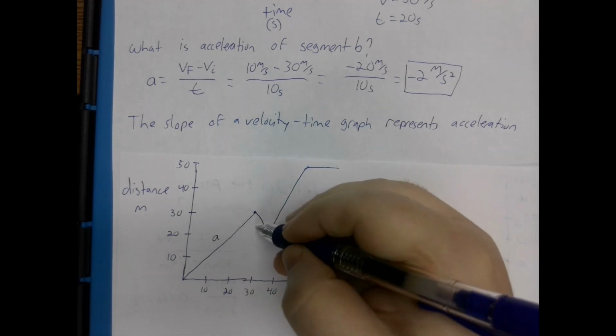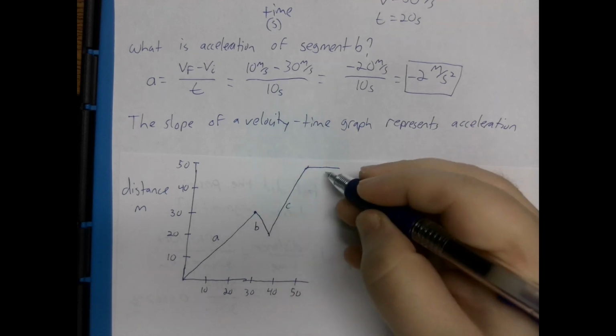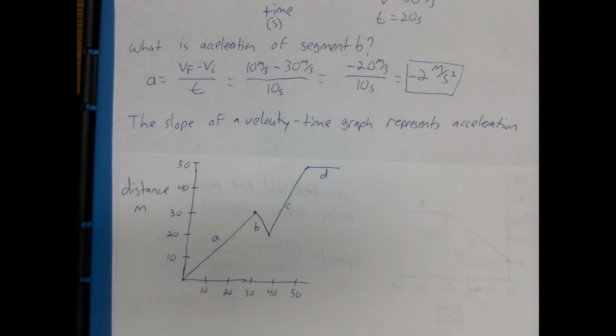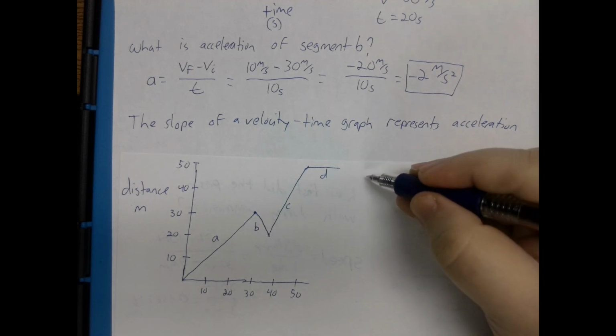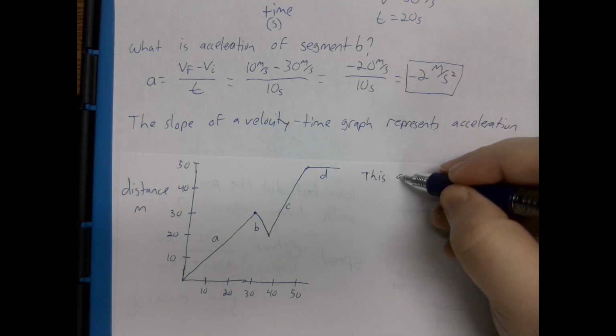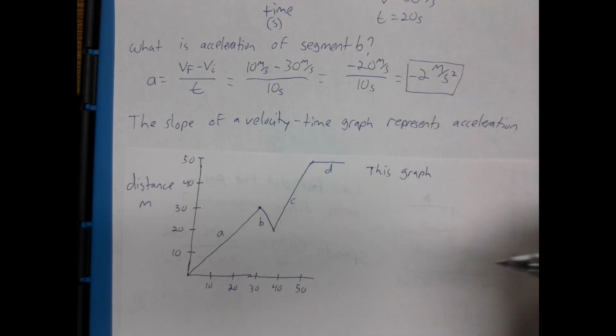So we have segment A, B, C, and D. So suppose this graph represents a student walking toward a classroom.